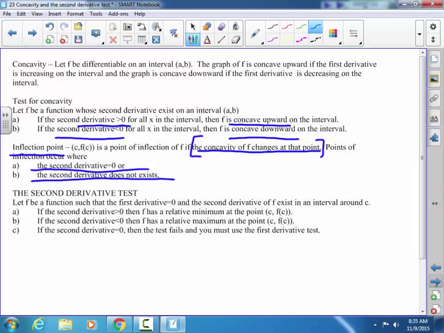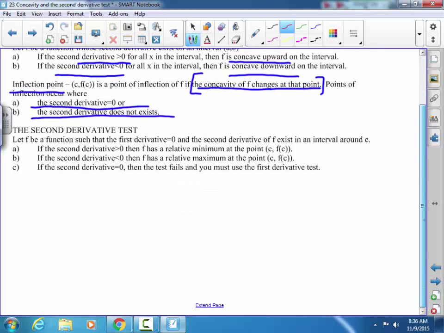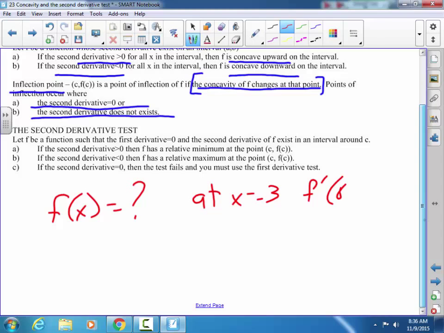Now, I want you to think about something here. Think about a function. And at a point, look at this information. I don't know what f of x is, okay? At x equals 3, f prime of 3 equals 0, and f double prime is greater than 0.